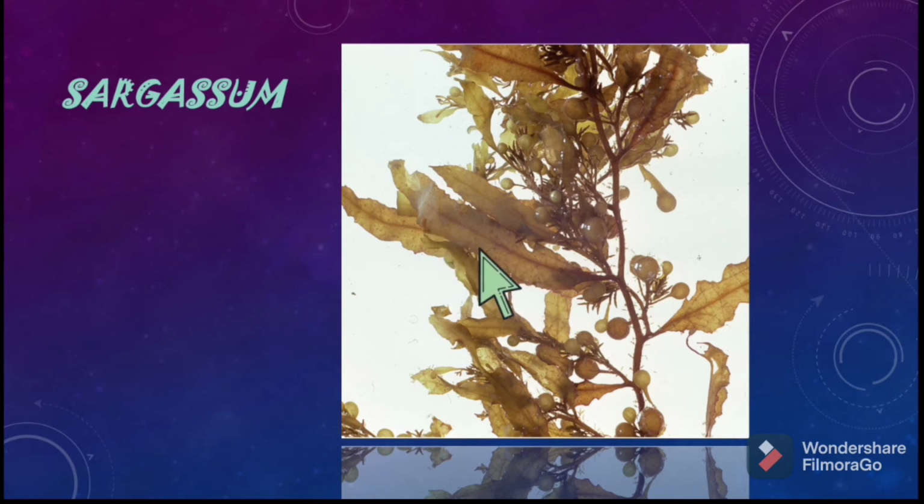You can see they are flattened in the vertical plane and they look just like leaves. The thallus is also furnished with small round structures. These are nothing but bladders, known as air bladders.